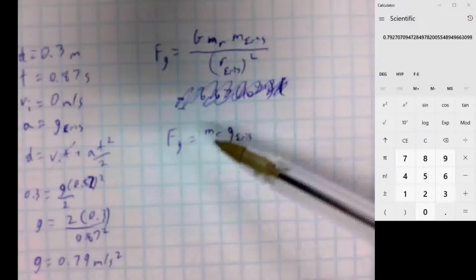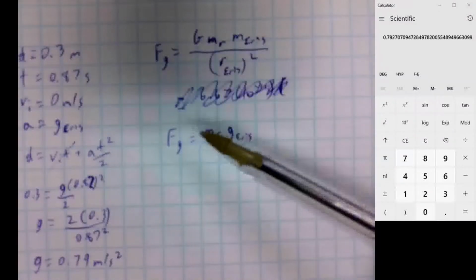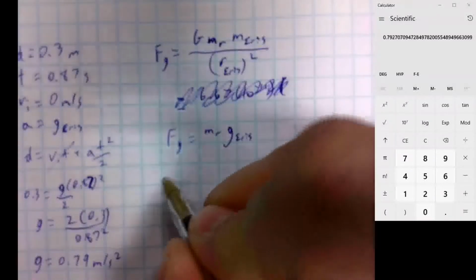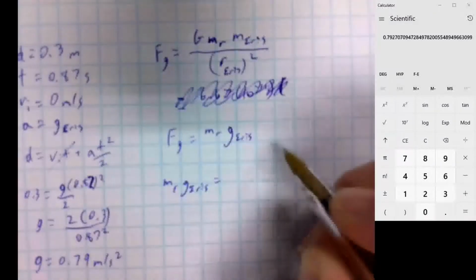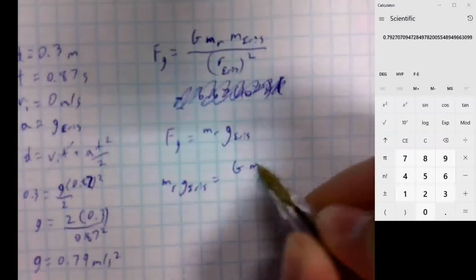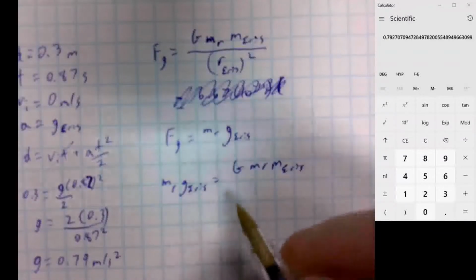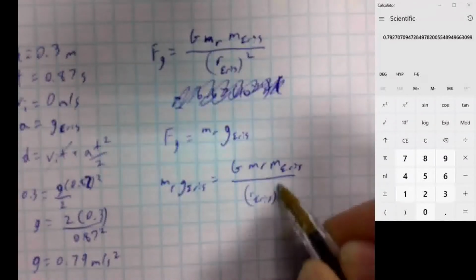I don't know the mass of my rock, so I could make these two equal, and you'll see that I can actually cancel out the mass of my rock. So M of rock times G of Eros is equal to G times M of rock times M of Eros over R of Eros squared.